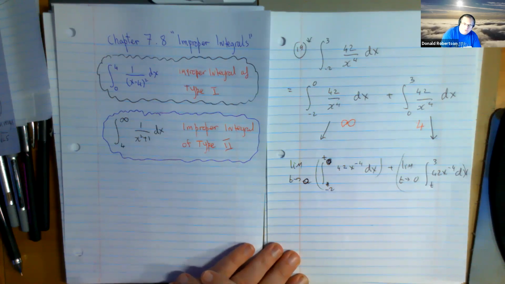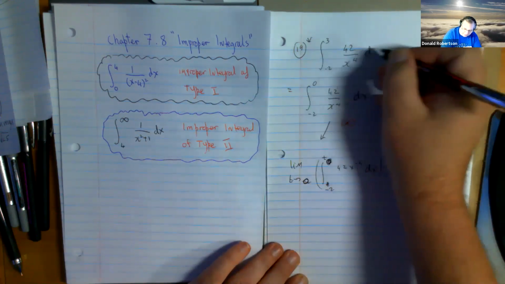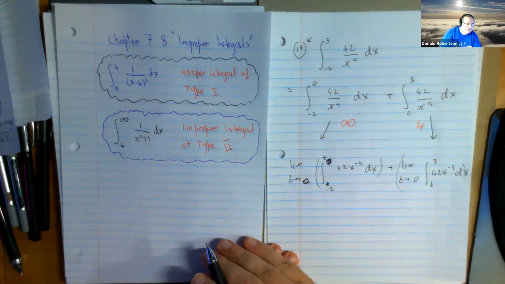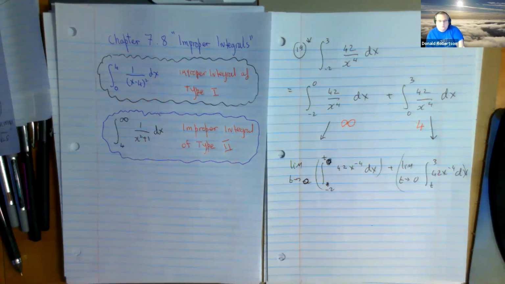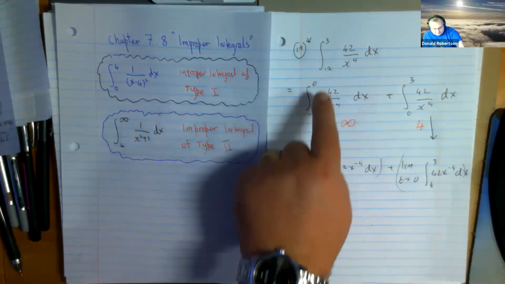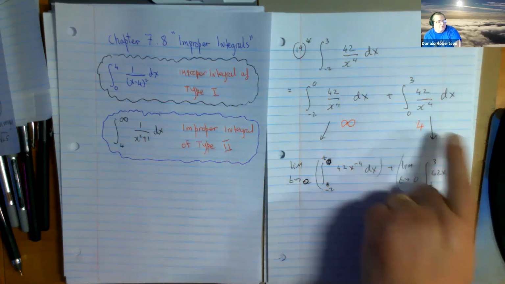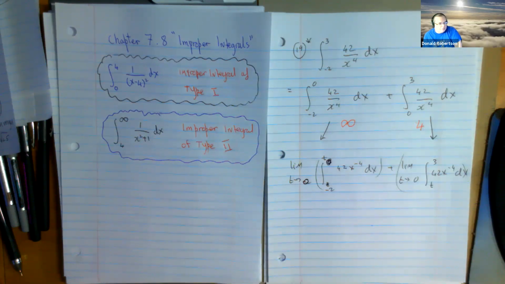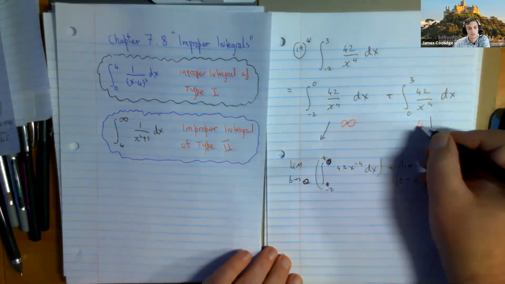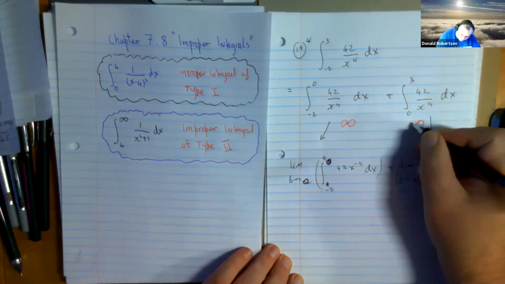What would your conclusion be for this guy if that combination happened? What would you say about this integral if this piece was infinite and this piece was 4? Diverges. Suppose both of them were infinite.